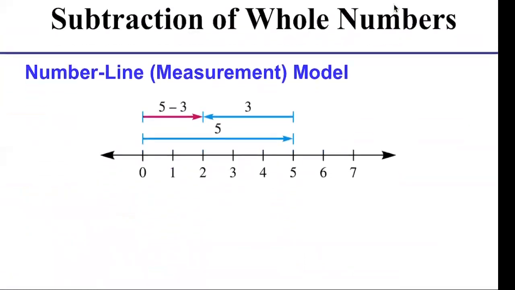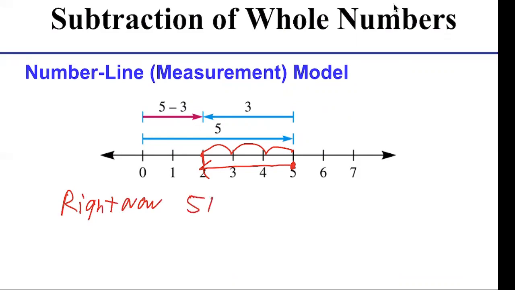Number line model, absolutely. Some of you probably learned it this way. Well, you start at 5, you're subtracting 3, so you go 3 units the other way, maybe 1, 2, 3 steps to get to 2. So right now, with this model, if you add 3, you're moving to the right.